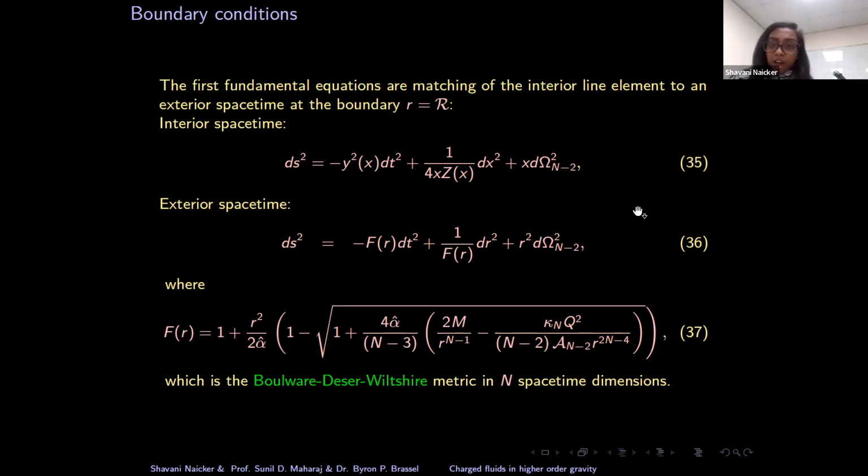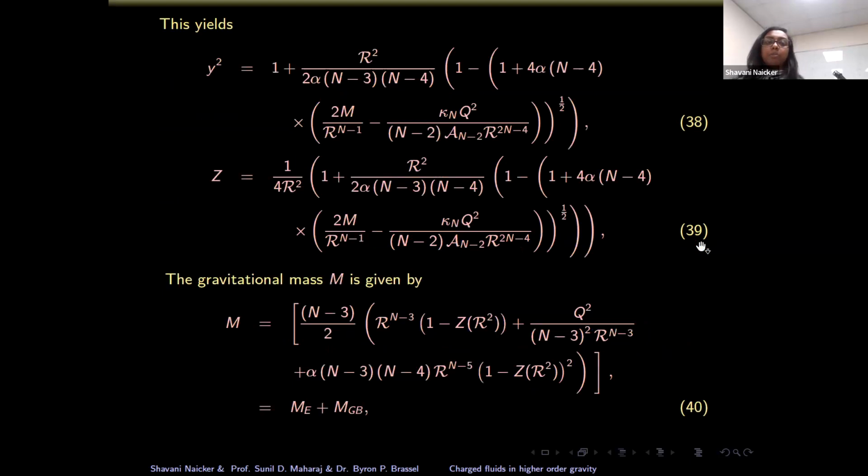So matching 35 to 36, we obtain the following forms, 38 and 39. With the gravitational mass m defined by equation 40, and this part of the equation represents the contributions from Einstein gravity, and this part of the equation represents the Gauss-Bonnet contributions.